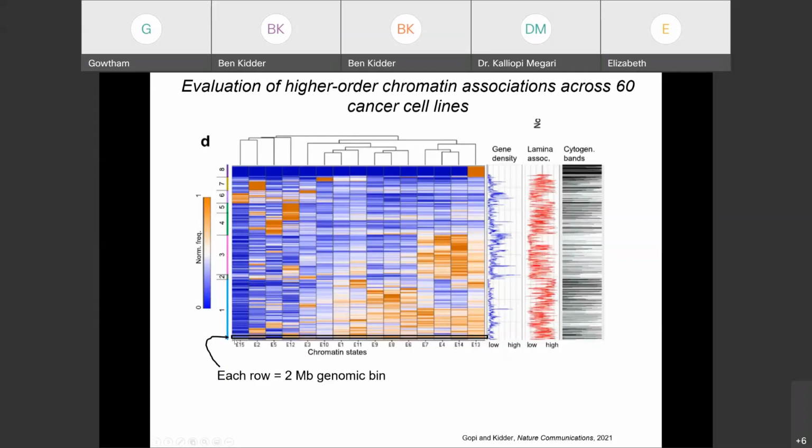Across the whole genome, we broke the genome down into these 2 megabase intervals, and then looked at the relative representation of these states within these bins. This gives us more information about correlates between gene density, etc., and also relative to cytogenetic banding. So it gives us further dimensional information on this chromatin state information.